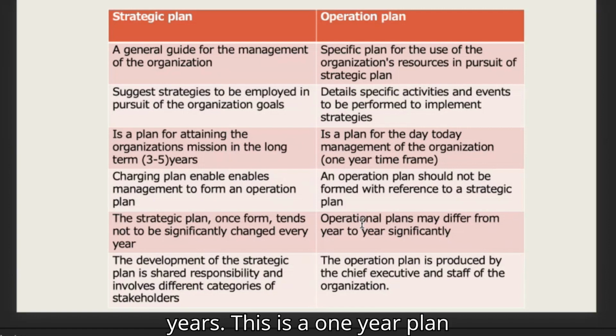This is a 1 year plan, and the strategic plan cannot be changed significantly every year, but an operational plan may differ from the need. It is a need based plan, so it is a generic one that we need to understand.